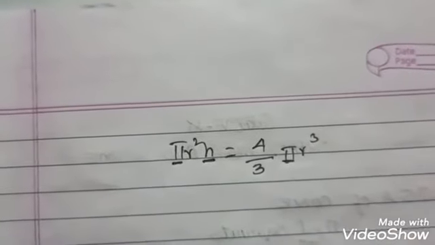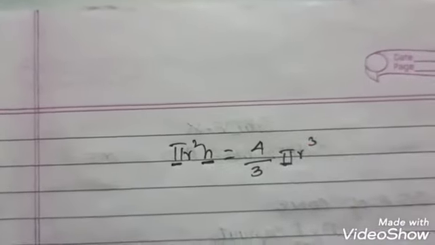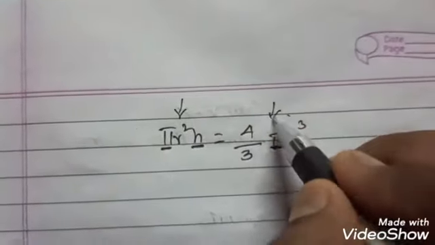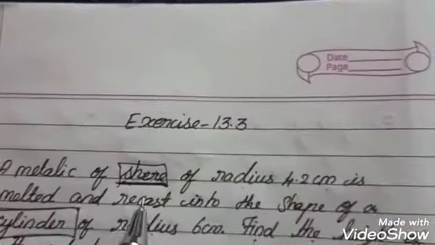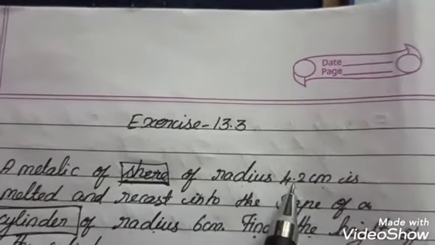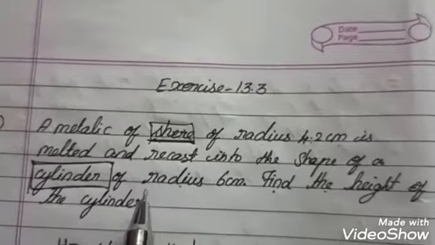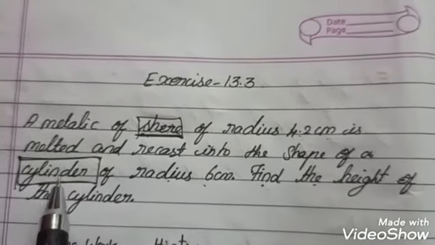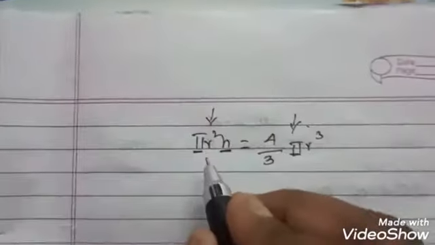You know the radius of the sphere and the radius of the cylinder. This one is the cylinder and this one is the sphere. Here the radius 4.2 is the sphere, and radius 6 centimeter is the cylinder. So you just have to substitute each.